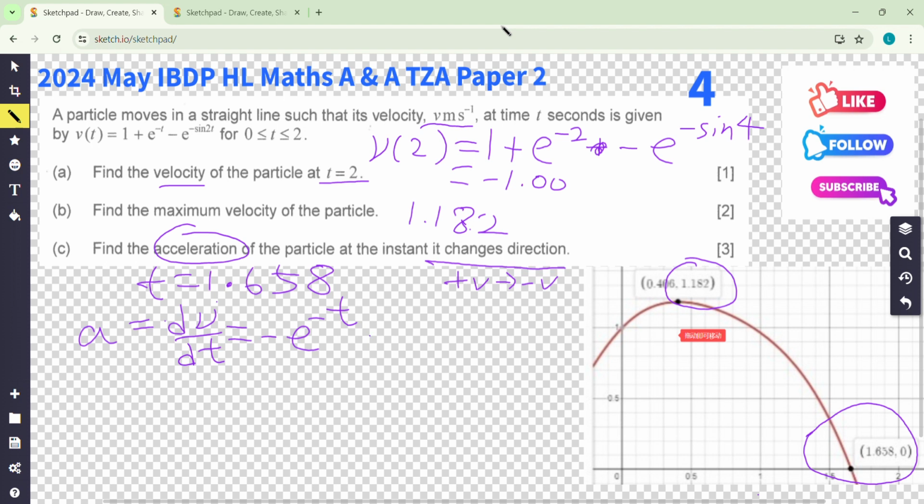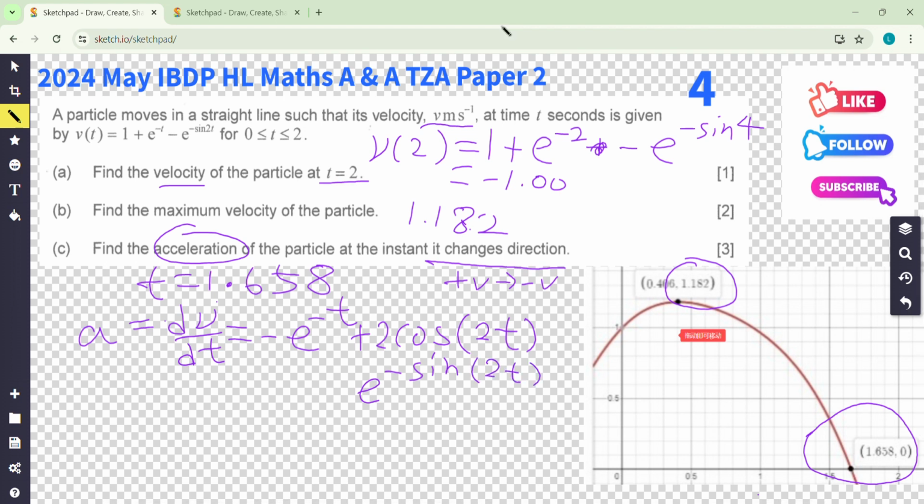So it is plus 2 cosine 2t, and then exponential negative sine 2t.